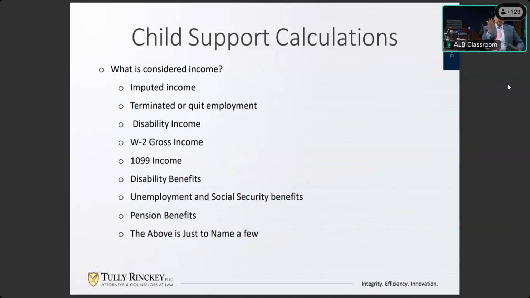They can't do that, okay? You just can't quit your job just to reduce your child support. You can't say, I'm making $50,000 a year as an executive, now I'm going to go do something and make $20,000 a year. You can't do that. That goes hand in hand with imputed income.